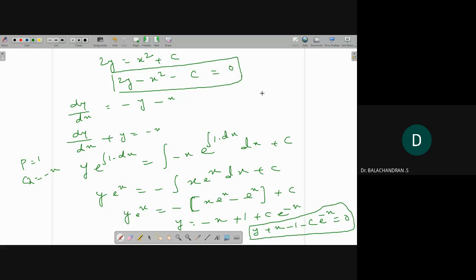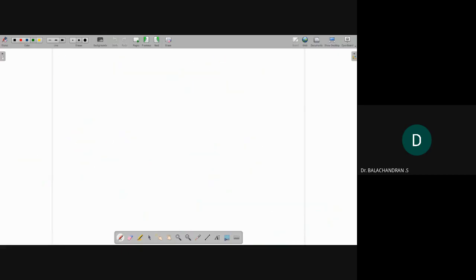So now, combining these two, you get the general solution. The equation 1 means the given problem.